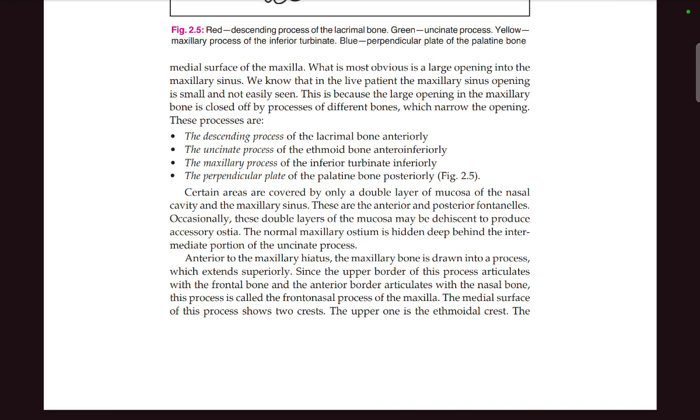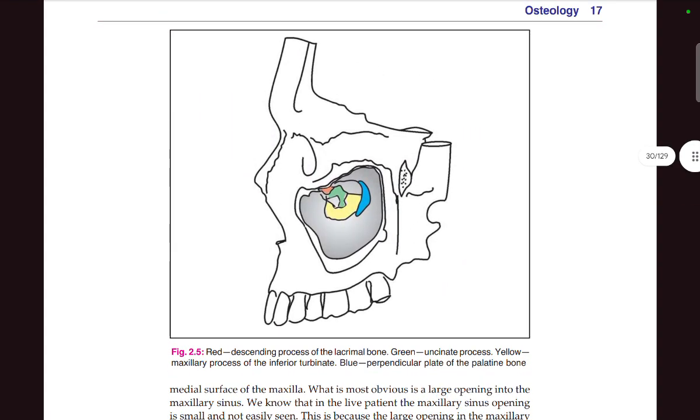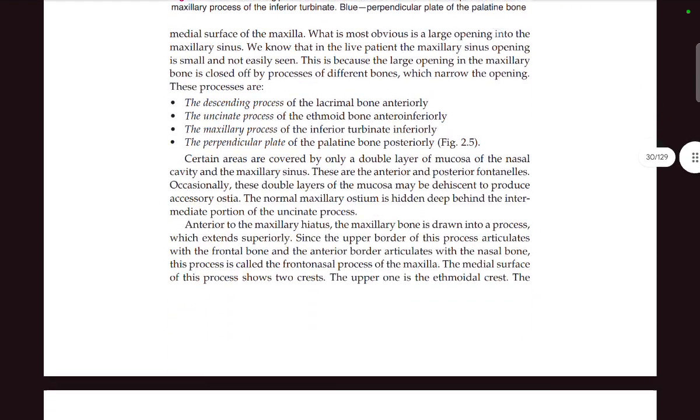The normal maxillary ostium is hidden deep behind the intermediate portion of the uncinate process. Red, descending process of the lacrimal bone; green, uncinate process; yellow, maxillary process of the inferior turbinate; blue, perpendicular plate of the palatine bone.